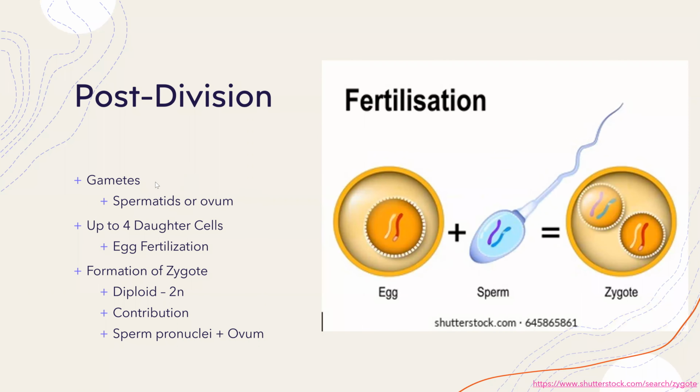And that's what you see here, where meiosis II creates spermatids that then mature into sperm, and then it creates ovum, which the sperm then actually fertilizes. The thing with meiosis II is in eggs, you can have up to 4 daughter cells because of the creation of polar bodies, which aren't viable as cells to grow and complete their own division, just because they're left with so little of the organelles and cytoplasm.